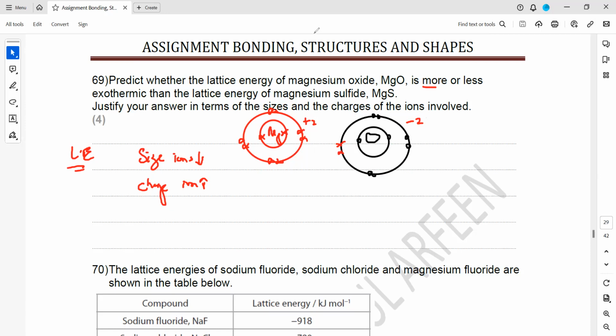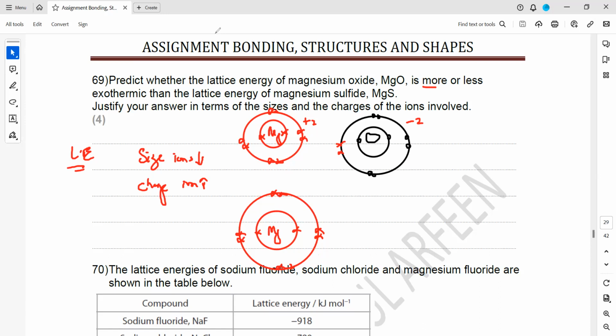When we talk about magnesium sulfide, the magnesium will be same. Like the first shell, it will have 2 electrons. And the second shell, it will have 8 electrons. But when we talk about the sulfur, sulfur is 2,8,6. Like sulfur atom is having 3 shells.